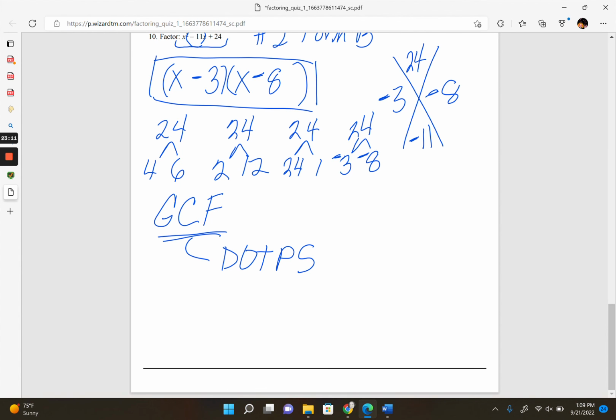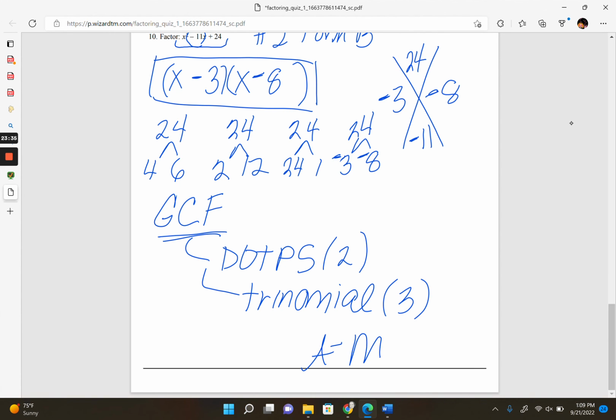Remember, that has 2 terms, a subtraction sign, and they're perfect squares. Then if you have 3 terms, that's a trinomial, and this was the AM method for trinomials.